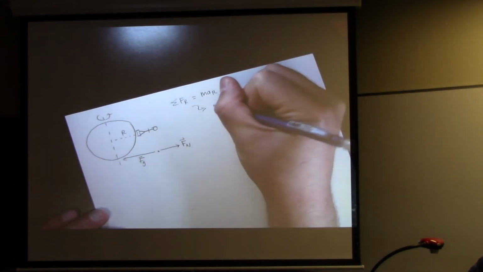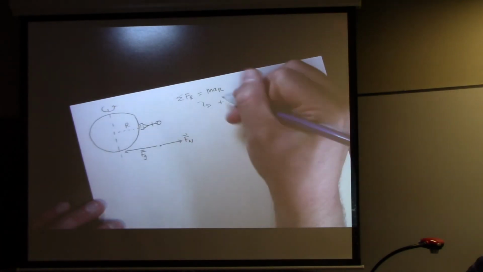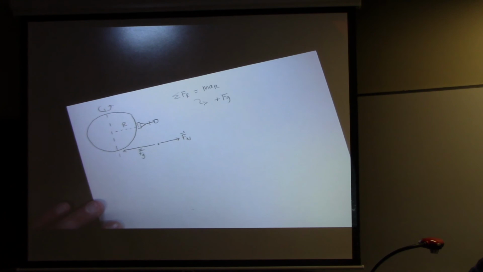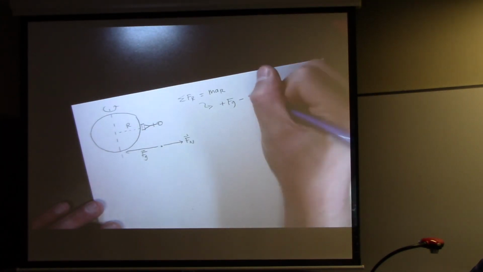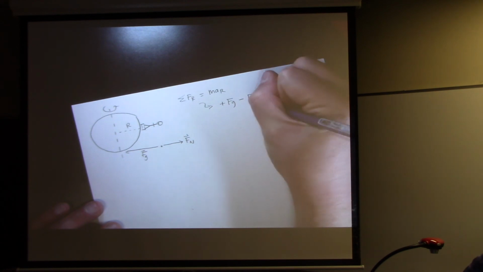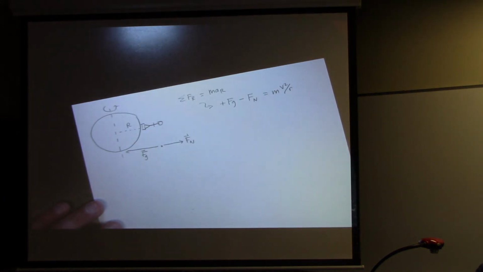Now the force of gravity, that's going to be positive because it's going in towards the center of the circle. The normal force is going to be negative because that's going out away from the center of the circle. And the result is m times v squared divided by r.